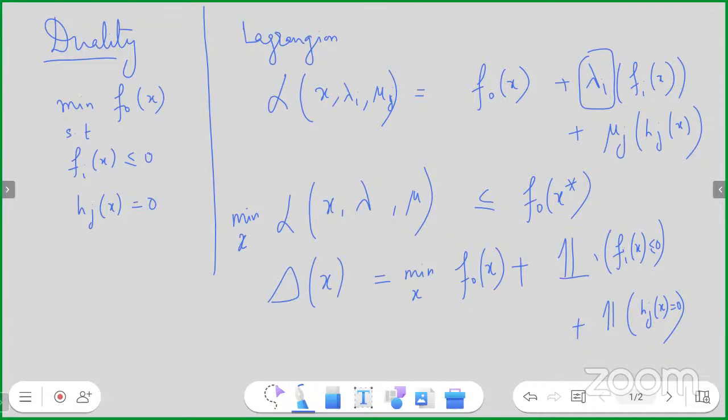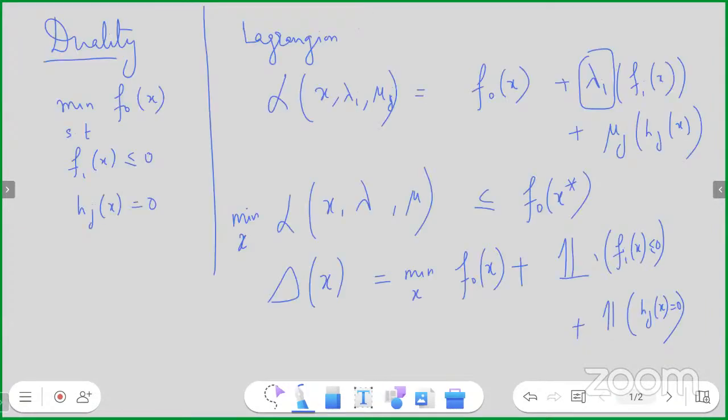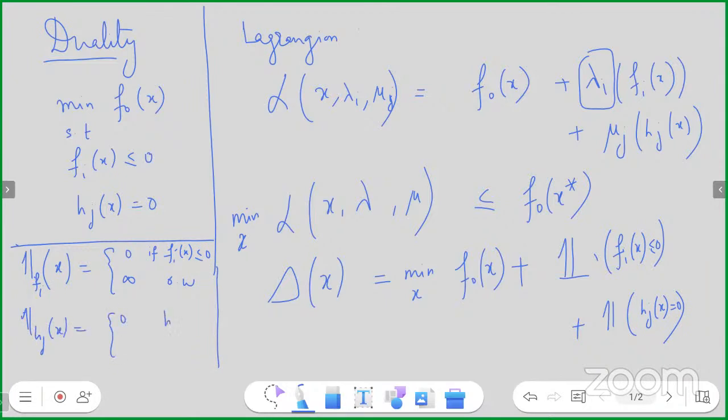Ideally, I would have liked, so let me just use this space so that we can compare what is going on. Let's call one f_i of x equal to 0 if f_i of x is less than or equal to 0, infinity otherwise, and one j of x equal to 0 if h_j(x) equals 0.